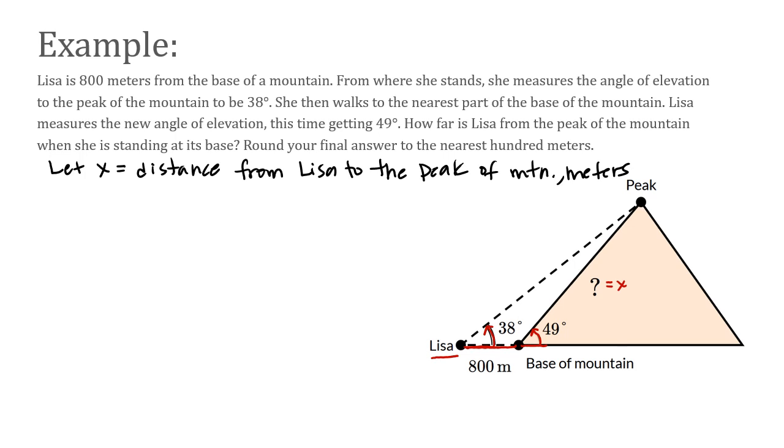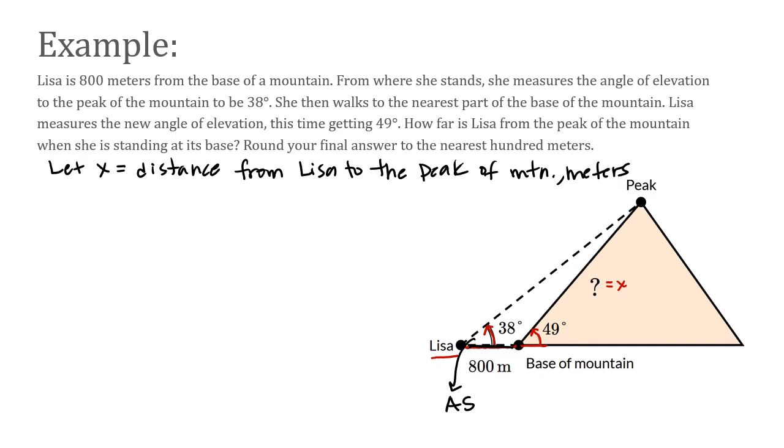Now let's take a look at what information has been given to us. We have been given an angle. We have been given a side. And we have been given another angle of 49 degrees. However, that 49 degrees is not part of the triangle that had the angle and the side.